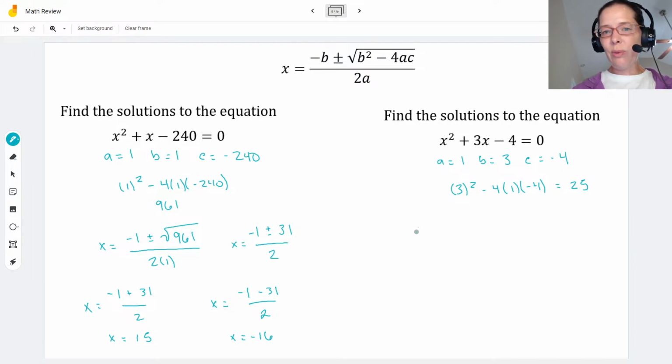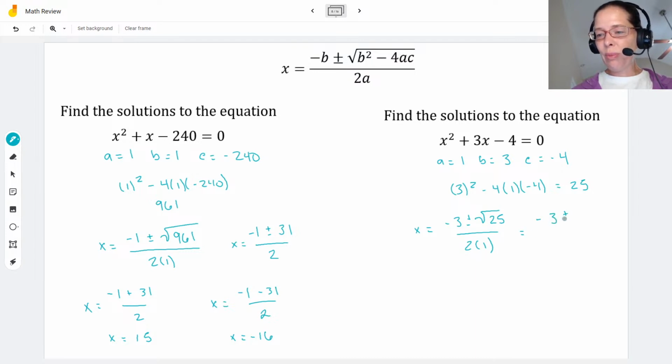So now let's write down what x equals. Okay, so this is going to be -3 plus or minus the square root of 25 over 2 times a, which is 1. So let's simplify a little bit.